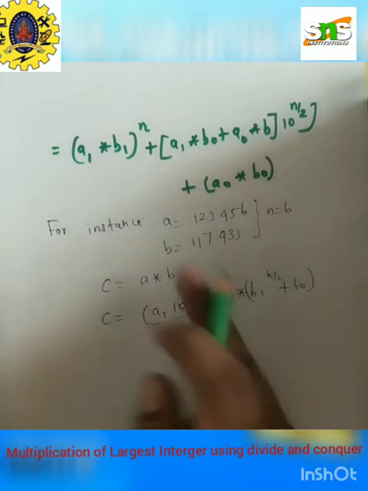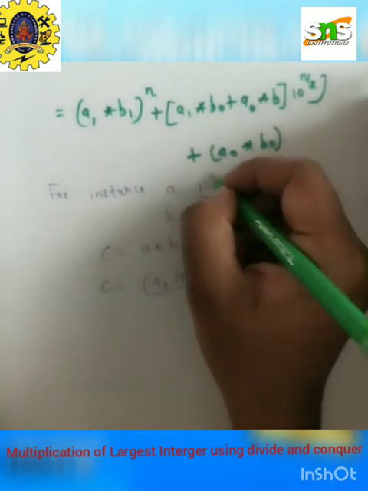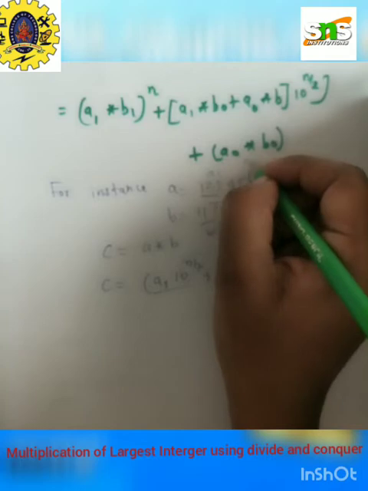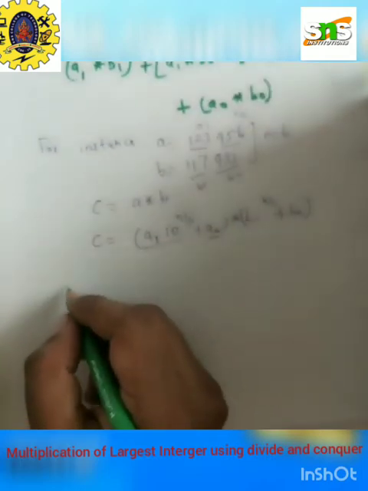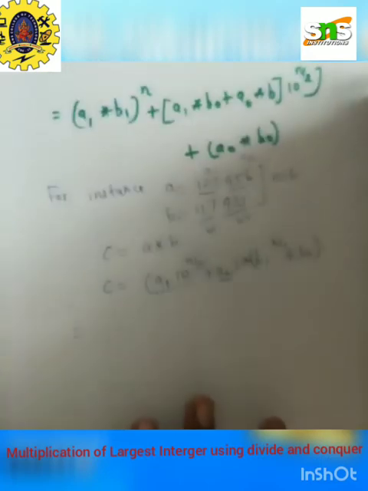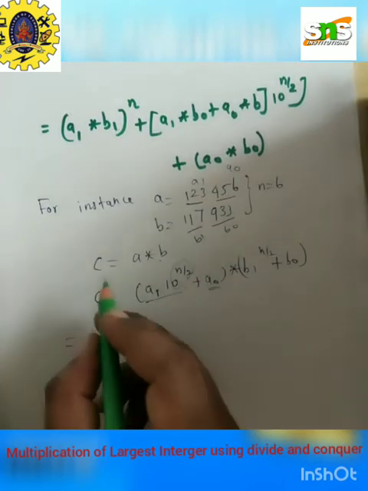So for this we are going to apply the equation. Then what is a1 here? This is a1, this is b1, this is a naught, this is b naught. Now we apply this formula.